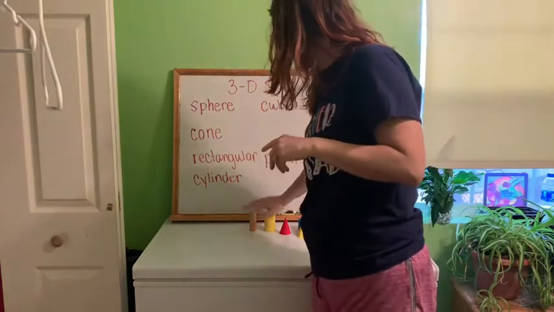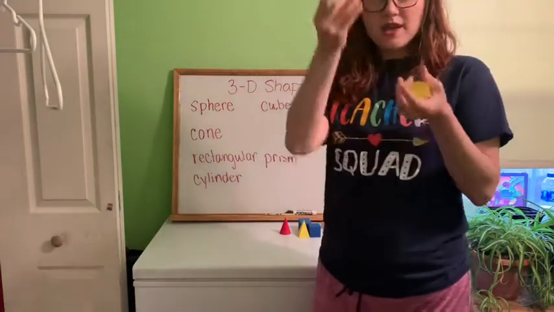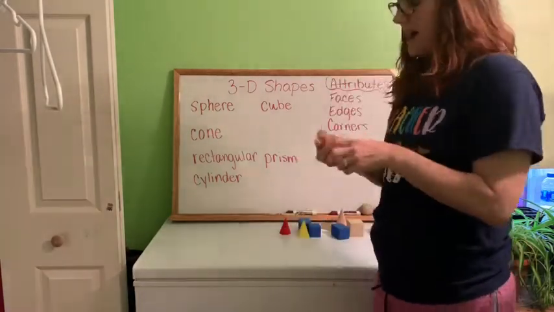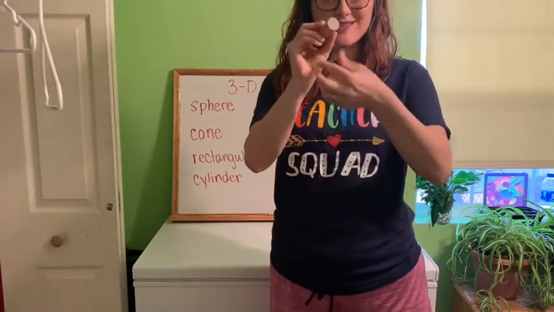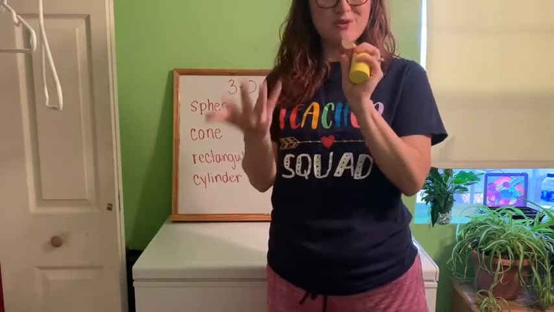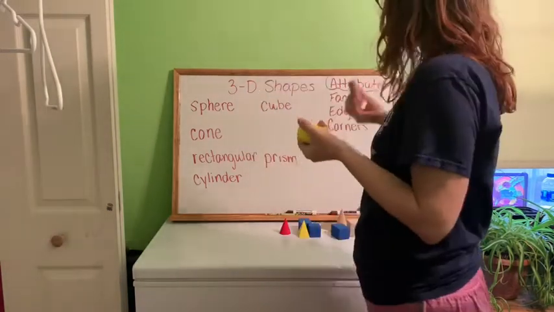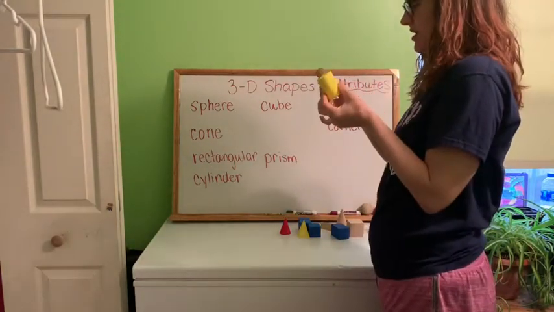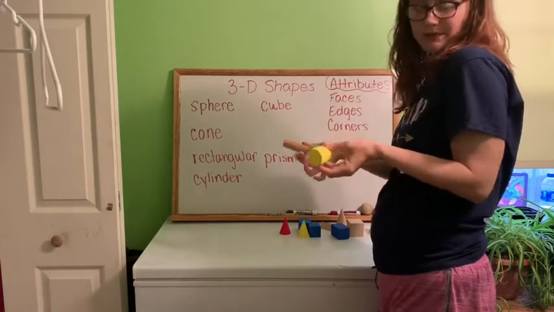For a cylinder, what we want them to know here is, yes, a cylinder rolls, but it doesn't roll in all directions. And it has 2 faces that are what 2D shape? Circles. So when we're looking at things like this, you may find cans in your kitchen that could be used as a cylinder.